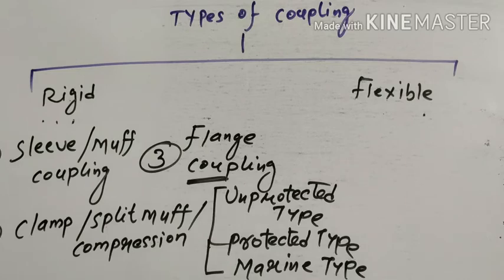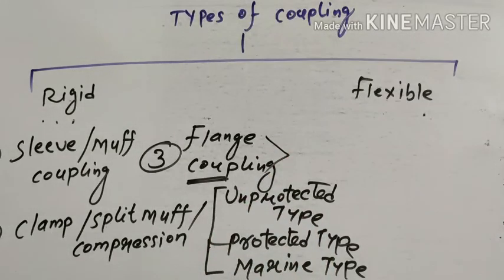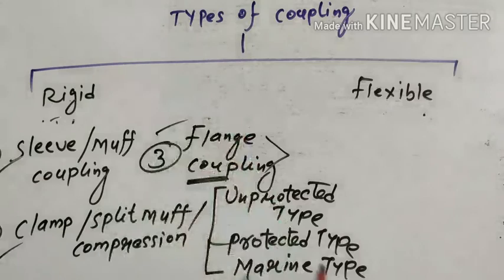It is the most widely used and most important, and I will provide details of the flange coupling very shortly. So there are three types of rigid coupling: sleeve, clamp, and flange coupling.